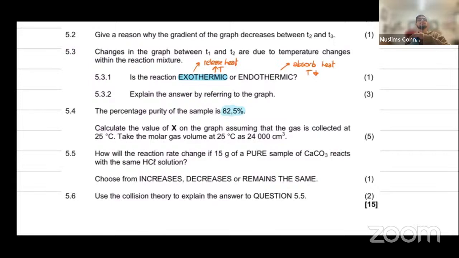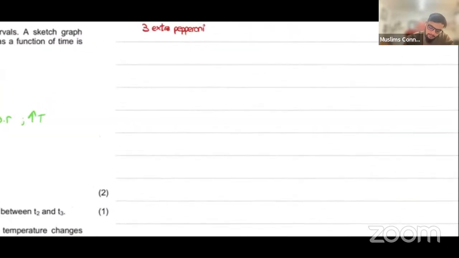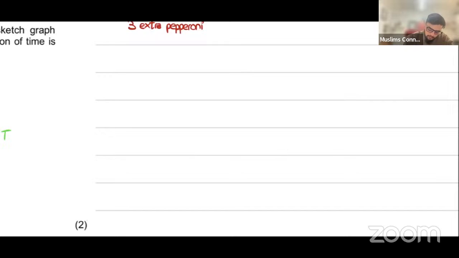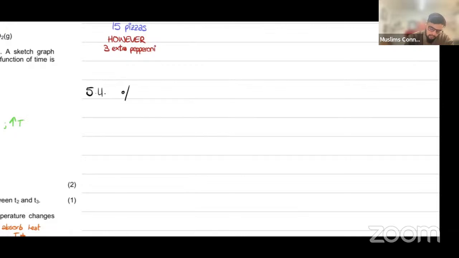When you see this question, there is no need to panic. It sounds fancier than it actually is. We are smart and we answer these fancy questions. So first, let's just revise quickly the formula for percentage purity. Percentage purity is equal to pure over impure.